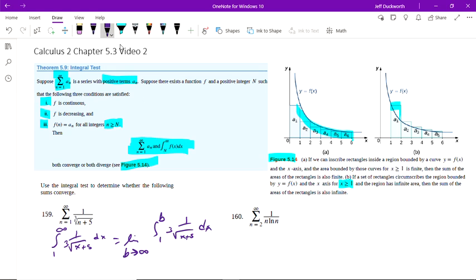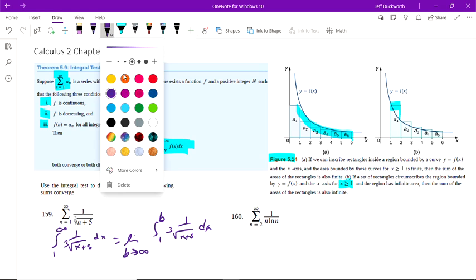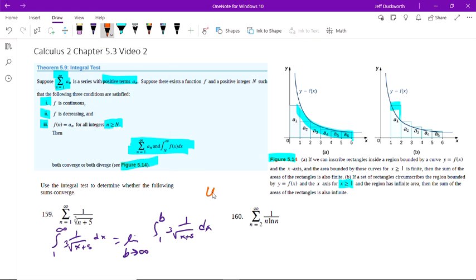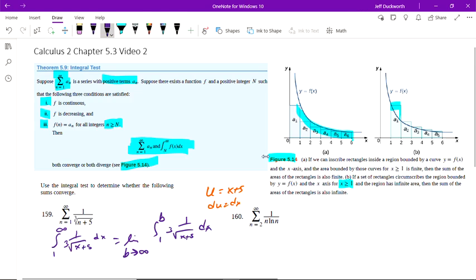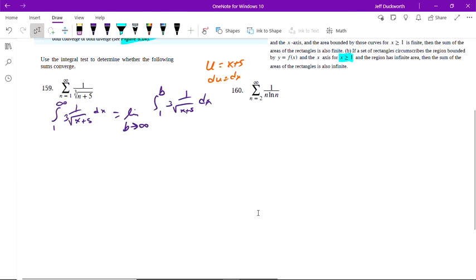So we're going to use a u substitution here. So u is going to equal x plus 5, and du is just dx. So let me scroll down. This is going to equal the limit as b goes to infinity with my u substitution, I plug in the u, so that's 1/3, so it's going to be negative 1/3.